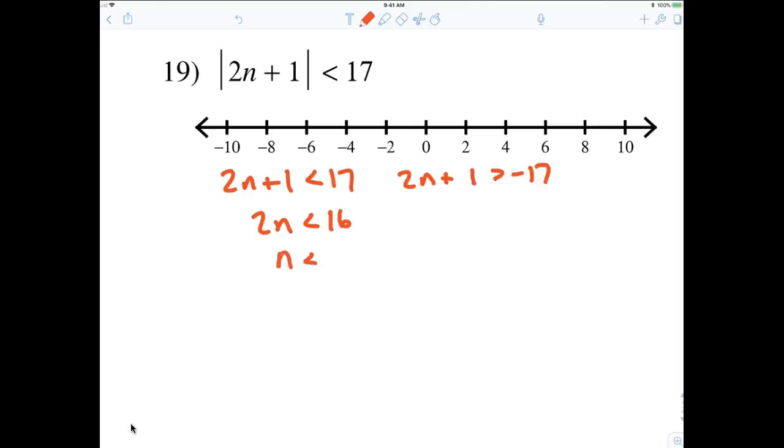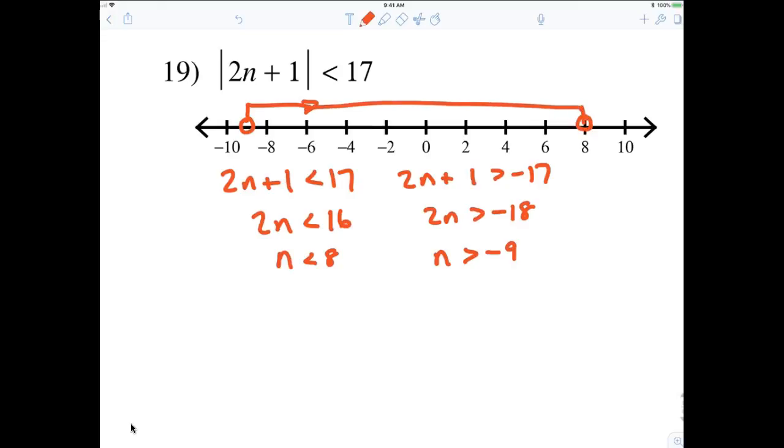N is less than 8. 2n is greater than negative 18. N is greater than negative 9. Very good. Less than 8. So it's everything in between. That would be an and statement.